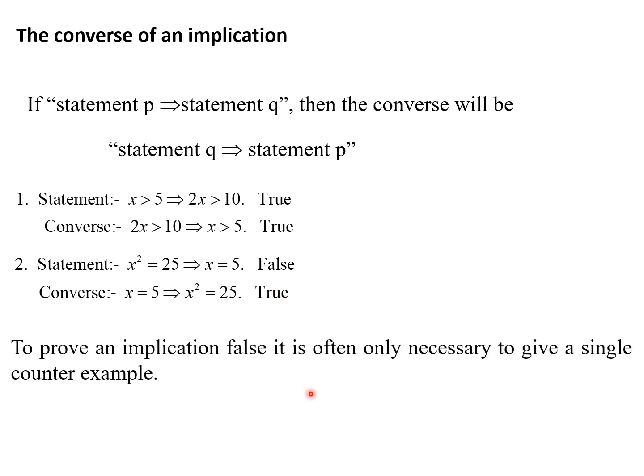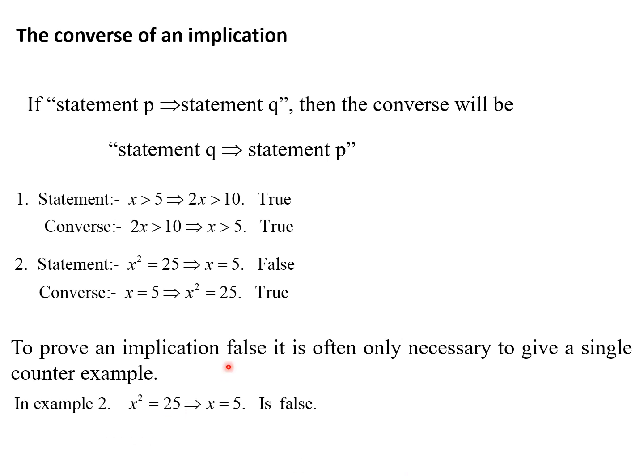To prove an implication is false, it is often necessary to give a single counterexample. A counterexample simply means that you give an example that proves that a particular implication is false. So you just have to provide an example.